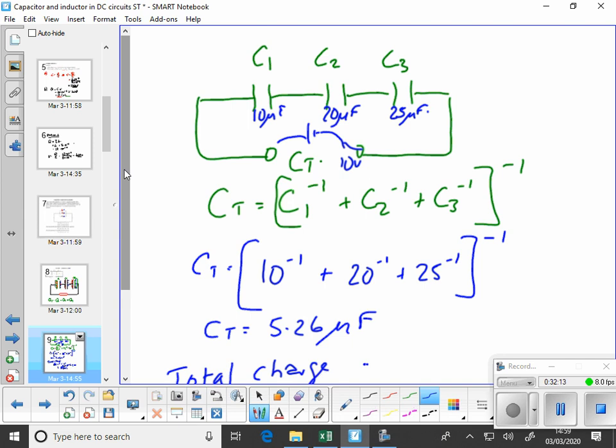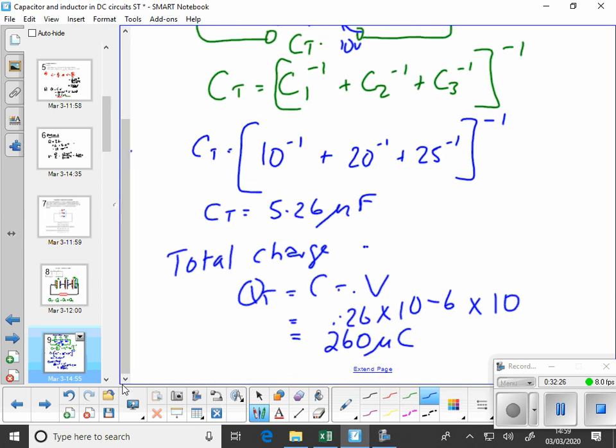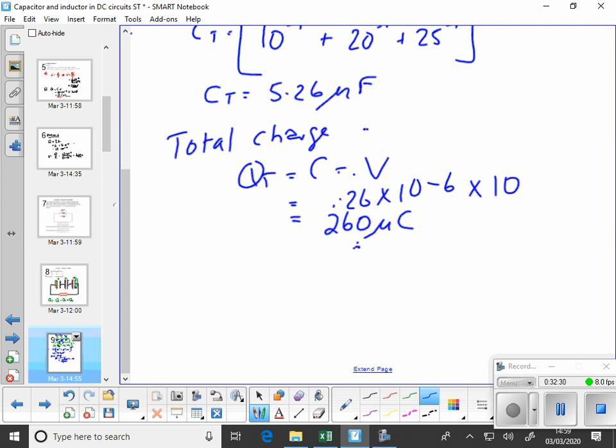So, now we can find the volt drops V1, V2, V3. So we'd say QT on each capacitor.